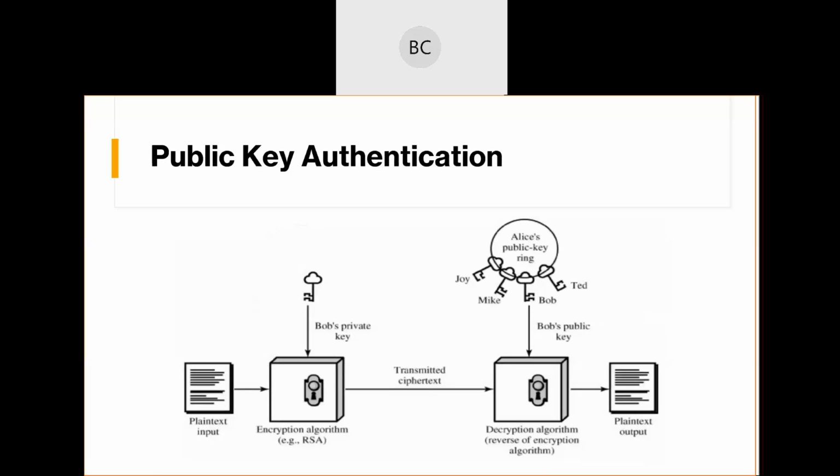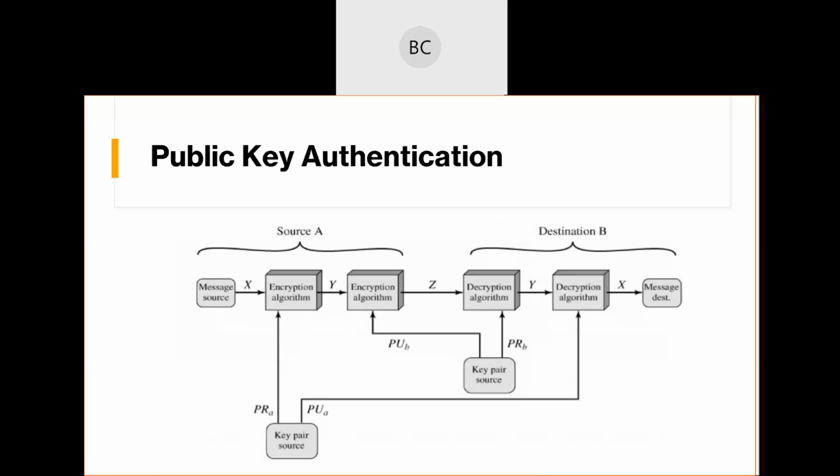Alice will again have different public keys meant for different persons, so it's just the reverse order. Alice will also have some public keys, but she will only use Bob's public key to decipher the message. This will guarantee the authentication.